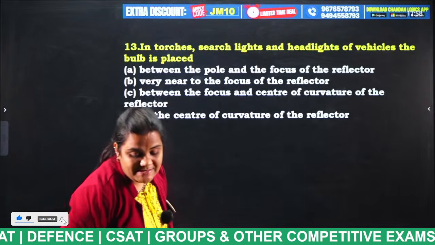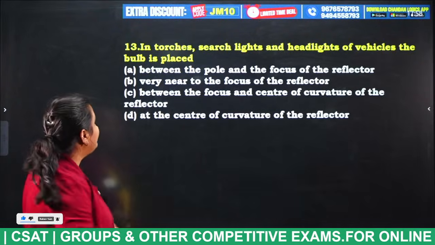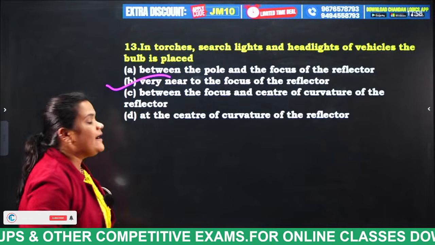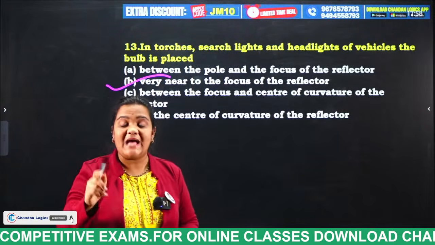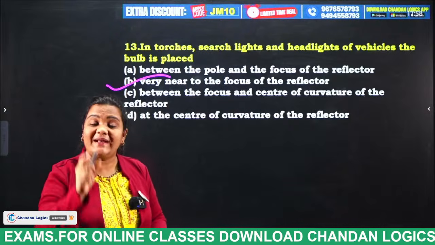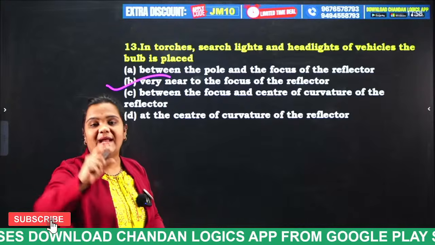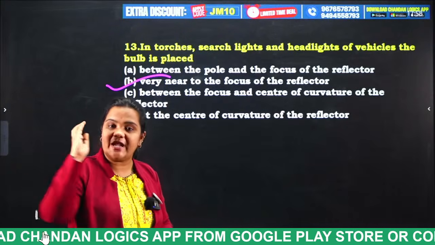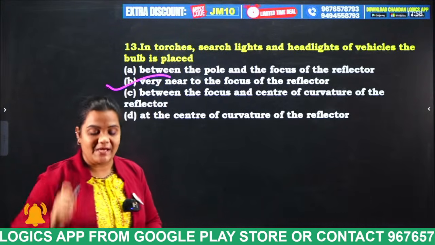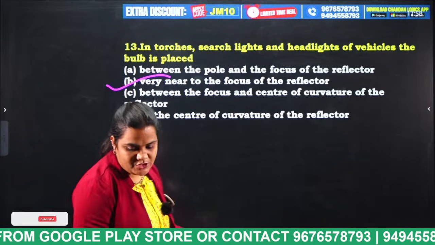Okay, so what is the answer for this question, students? Very good, option B. As the reflector is placed very near to the focus point, the light in the torchlight, the headlight and the searchlight is straight in line. Okay, very, very important. Next question.